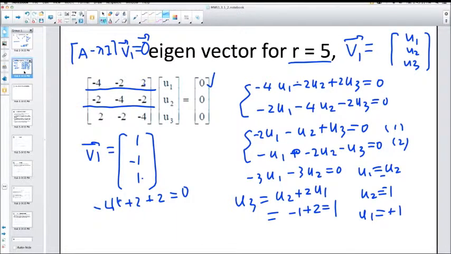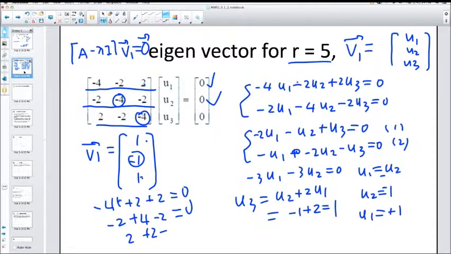Then negative 2 plus 4, negative 4 times negative 1 is 4, and then minus 2, again is 0. The last one, negative 2 times 1 is negative 2, minus negative 2 times negative 1 is plus 2, and then minus this times this is 4, again is 0. So you can check, you find that yes, this is the first eigenvector.